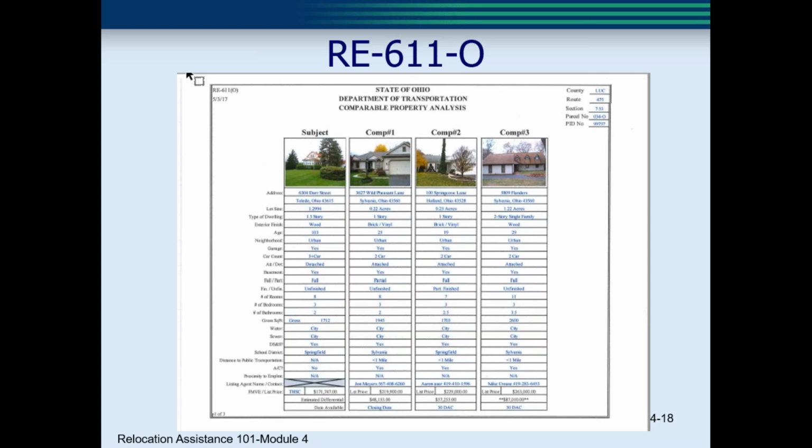And when you're out comping, this is also a good worksheet to use as you're trying to decide what is going to be comparable and what isn't. Use this as a worksheet so you can decide which ones you're going to end up using.